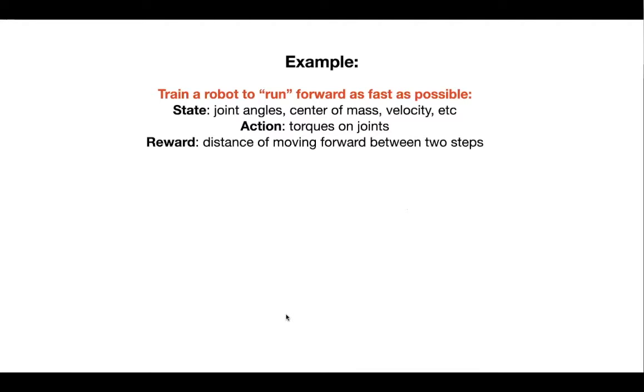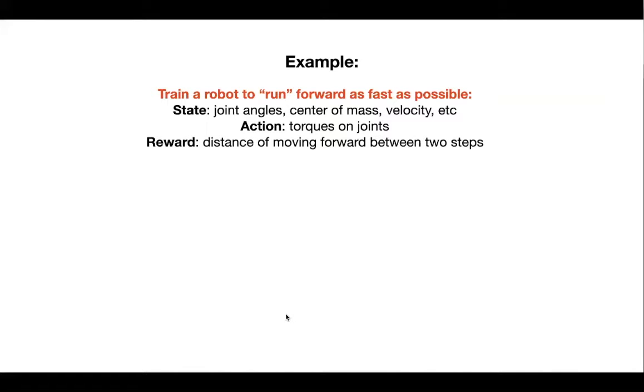Okay, great. Let's take a look at an example. Let's say I want to train a robot to run forward as fast as possible. The reason I put quotes on the word run, you will see in a second. Here the state is the joint angles, center of mass, velocities, and so on, basically the information that describes the current state of the robot. The action is the torques on joints.